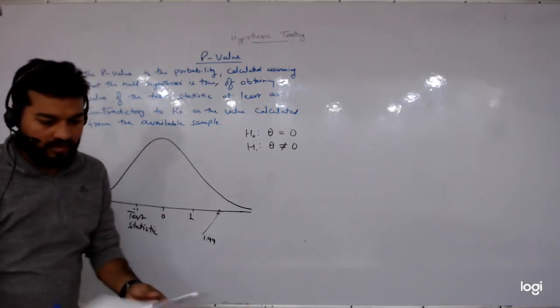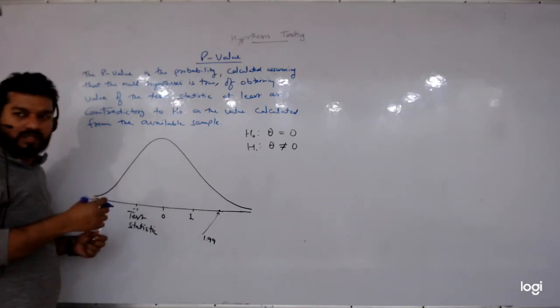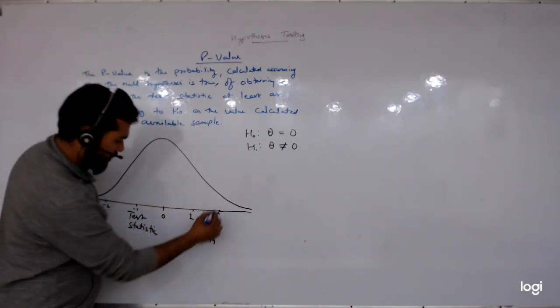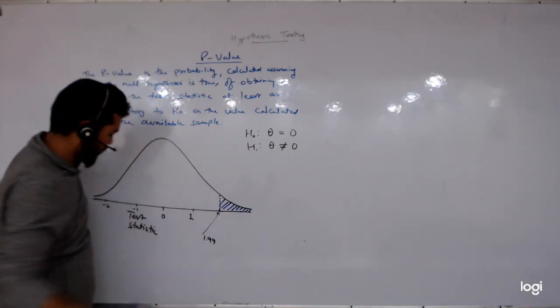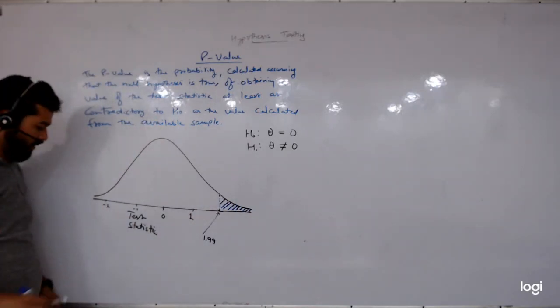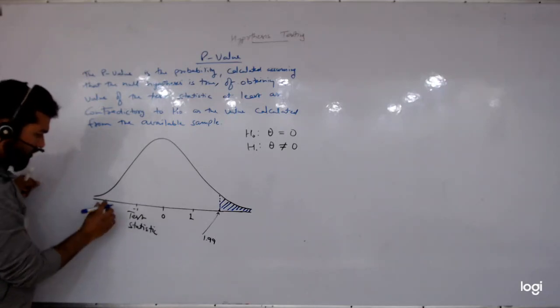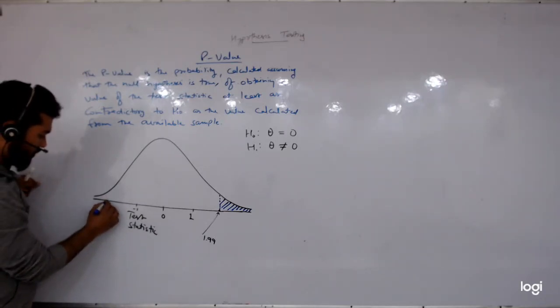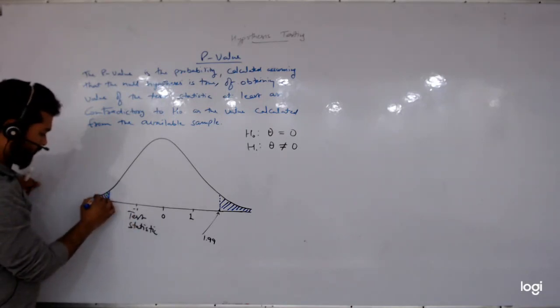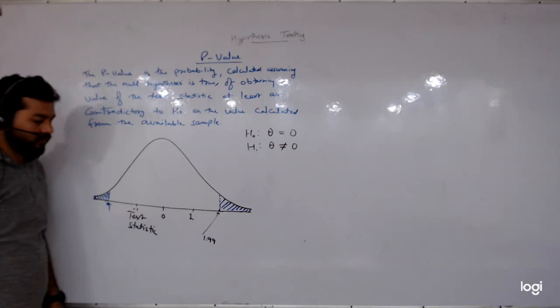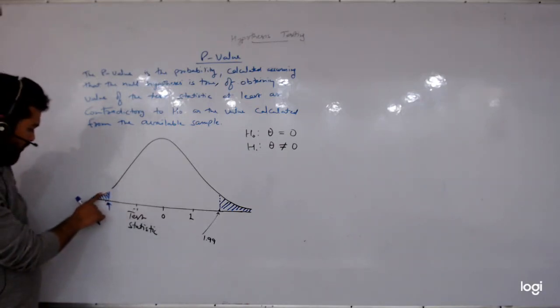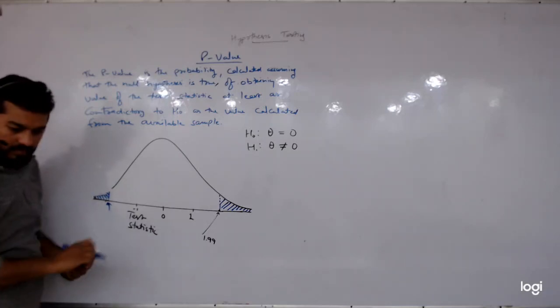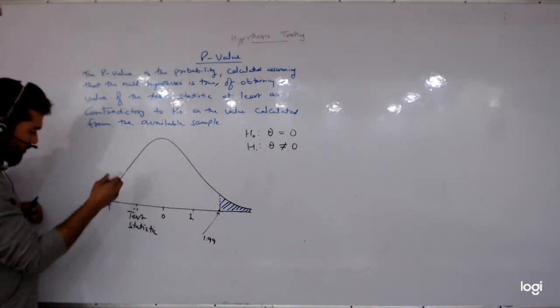I'm going to use blue color now. Red I used for rejection region, critical value. And now they should be the same actually. Tails should be similar.